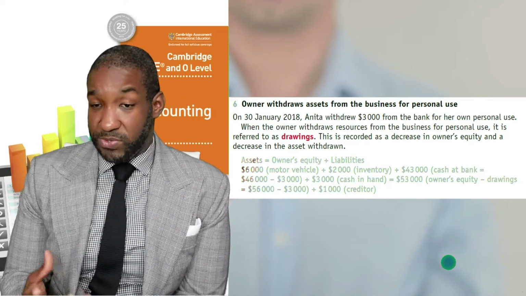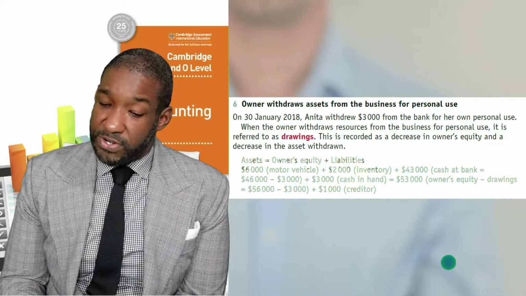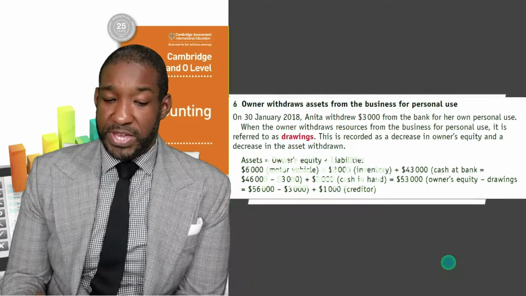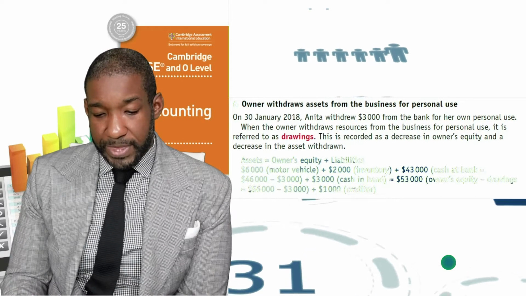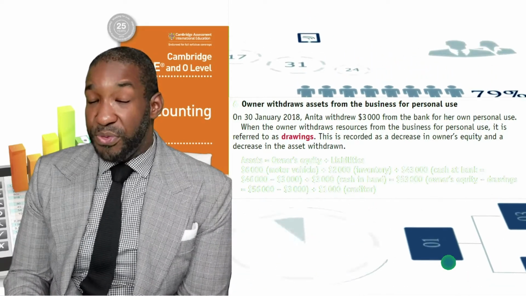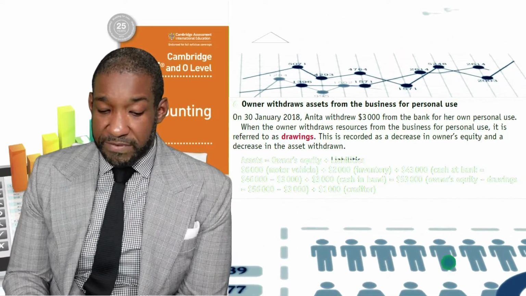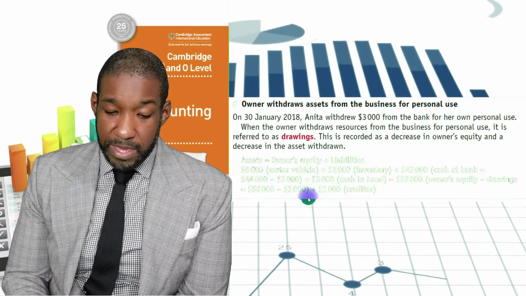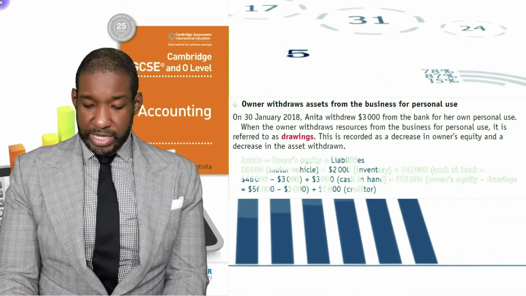Inventory is still at $2,000. $43,000 is our cash at bank, $46,000 minus the $3,000 withdrawal, and there's still $3,000 cash in hand. That equates to $53,000 of owner's equity, which is owner's equity of $56,000 minus drawings of $3,000, plus another $1,000 owed to the creditor in liabilities.